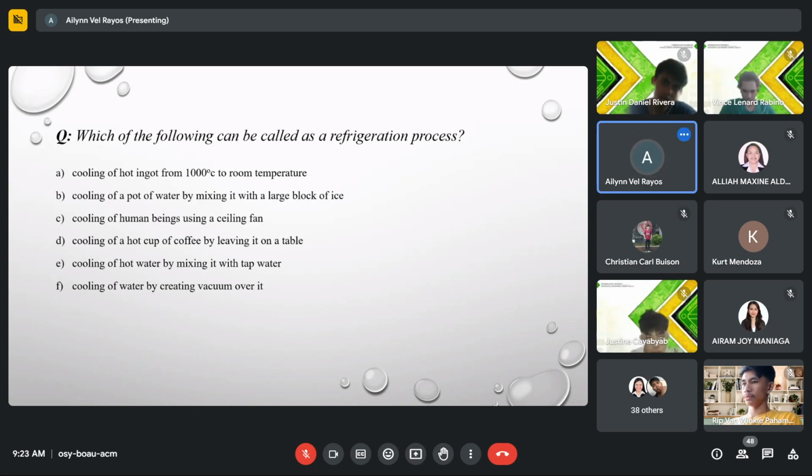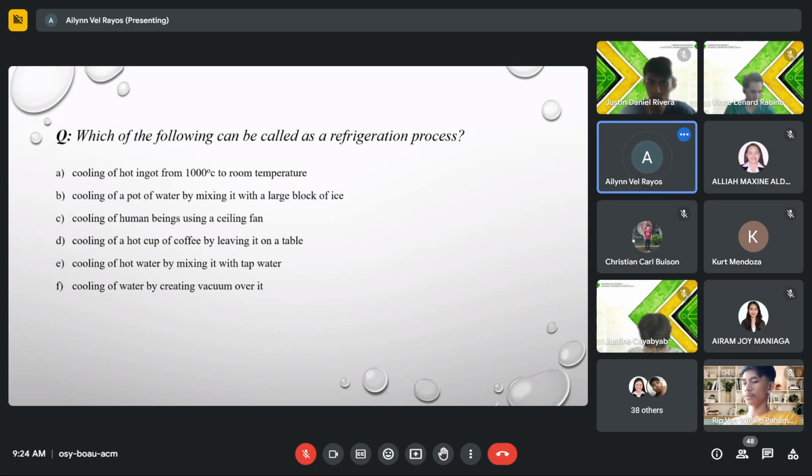Let us fill this in, since this example is something we can do ourselves. Stand in front of an electric fan and see what happens to your body temperature or the temperature of your surroundings. Body temperature stays the same against ambient, so we do not go below the surrounding temperature. Our temperature is even higher than the ambient temperature, because we also provide body heat. So this is not an example of a refrigeration process.